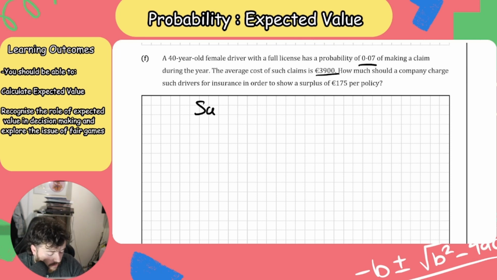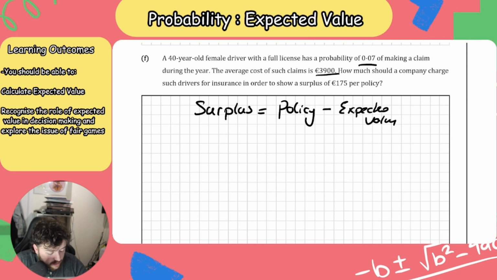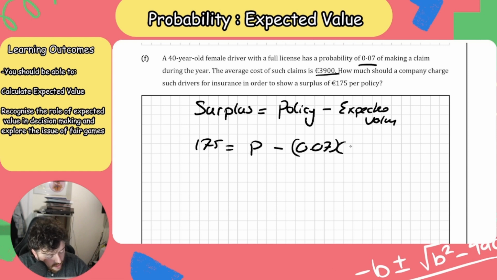So we were told the formula for surplus there. The surplus is equal to the cost of policy minus expected value. The surplus is 175. The policy amount I don't know, so I'm going to call it P. Expected value is going to be 0.07 times 3,900.